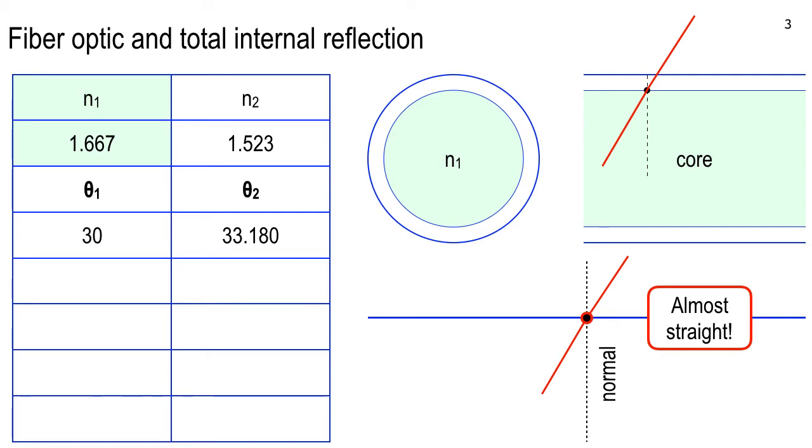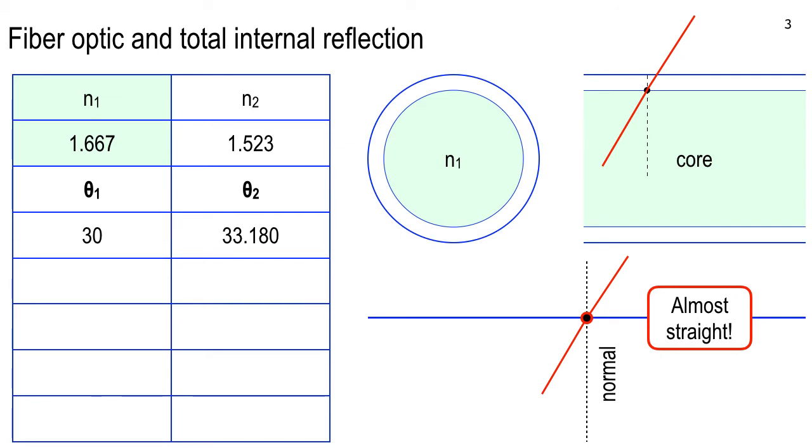of glass that is slightly different in index of refraction. So this white area is a different flavor of glass, a different kind of glass.